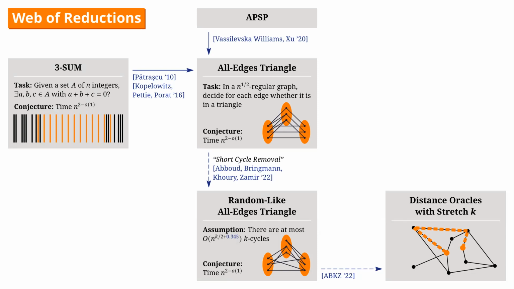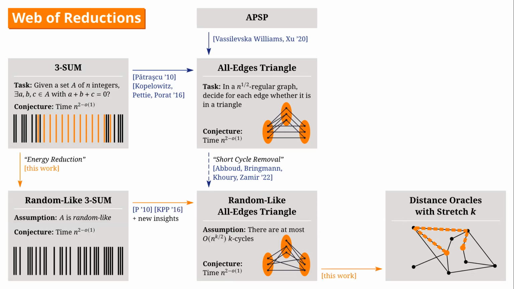So this is where our work starts, and we augment the picture as follows. We add a new box to the picture, a new problem, which I will call random-like three-sum. And we will do this kind of structure versus randomness dichotomy not on the triangle problem, but we will instead do it on the three-sum problem. Okay, so we start from three-sum.